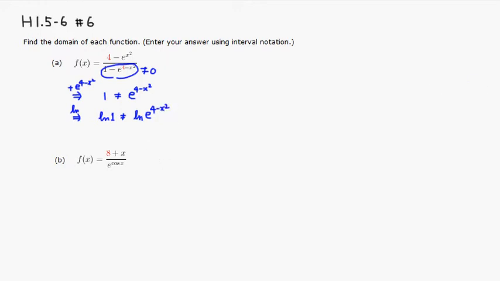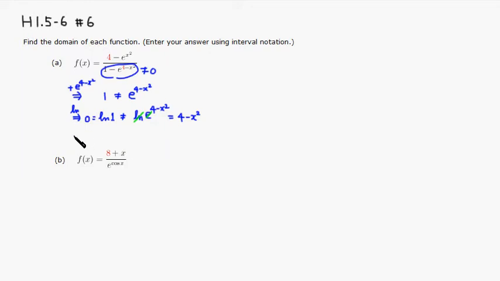Remember that the natural log of 1 is actually 0. And using the inverse property of the exponential function and the log function, these cancel each other out, so you end up getting 4 minus x squared.